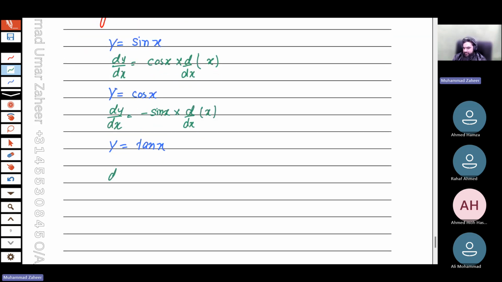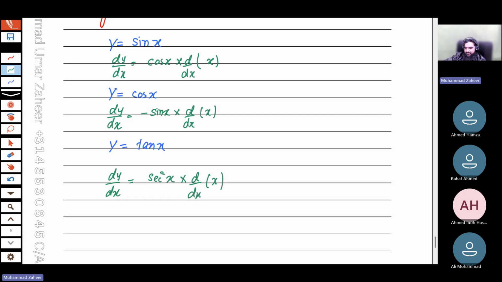And the derivative of tan is secant squared x multiplied by the derivative of the angle. These are the three main trigonometric functions for which we are taking the derivative. Remember that for sine it is cos, for cos it is minus sine, for tan it is secant squared, and multiply by the derivative of the angle.